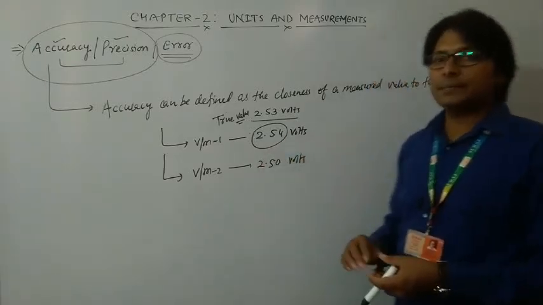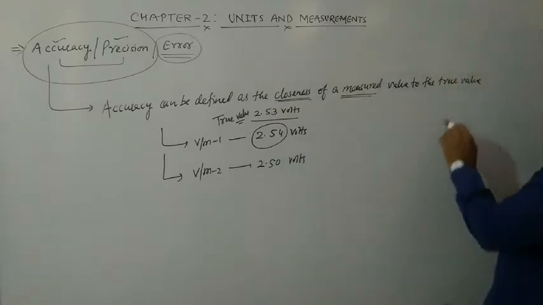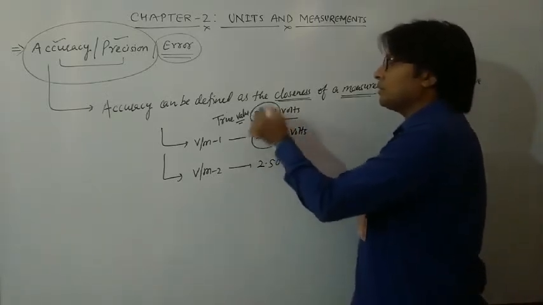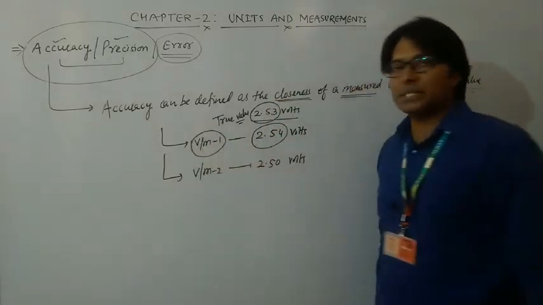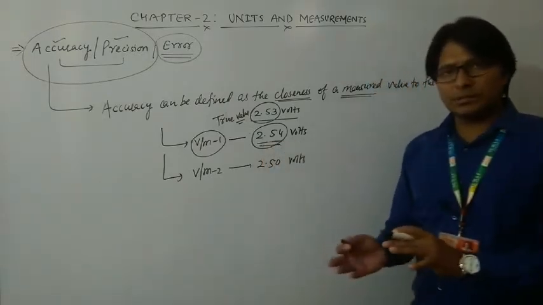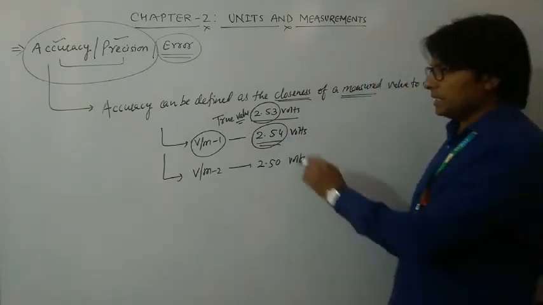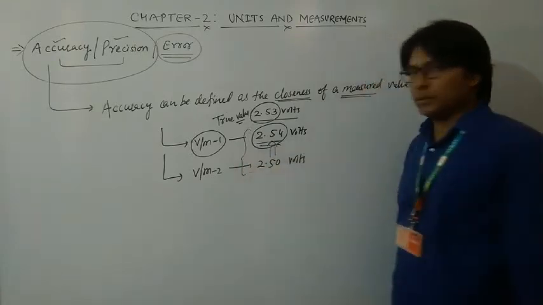So this is about accuracy. Accuracy is the closeness of the measured value to the true value. Here the true value is suppose 2.53 volts, and voltmeter 1 is measuring this value as 2.54. This is definitely more than the true value, but it is closest among these two values.